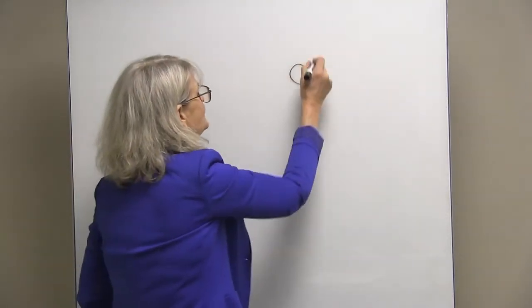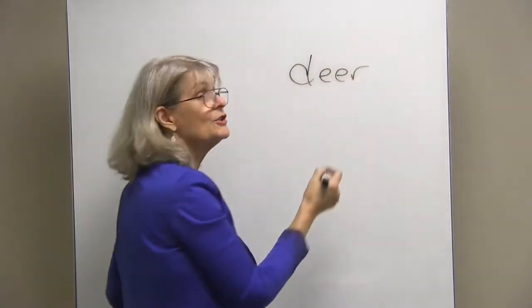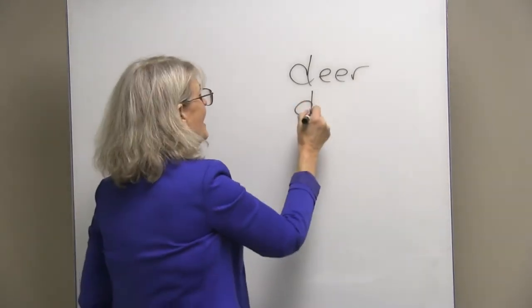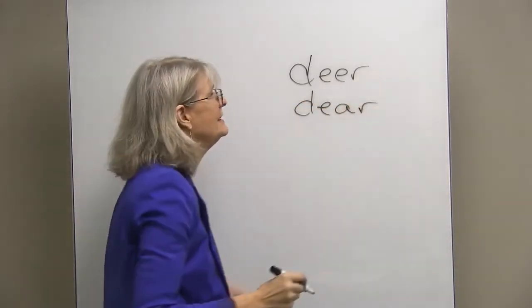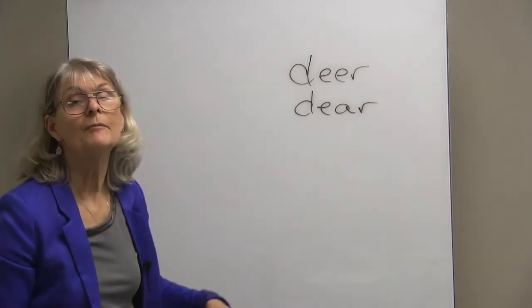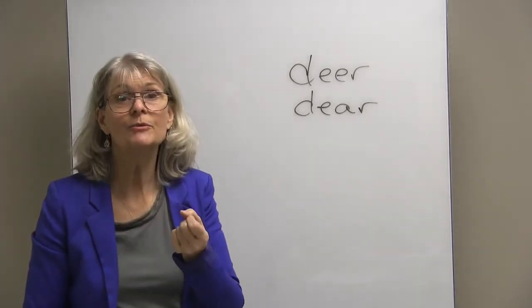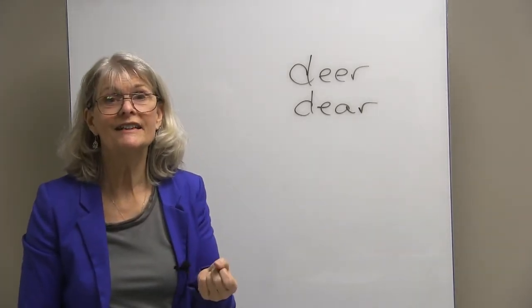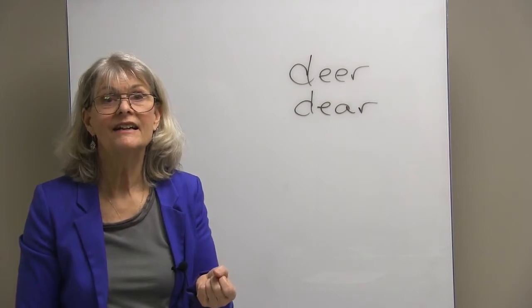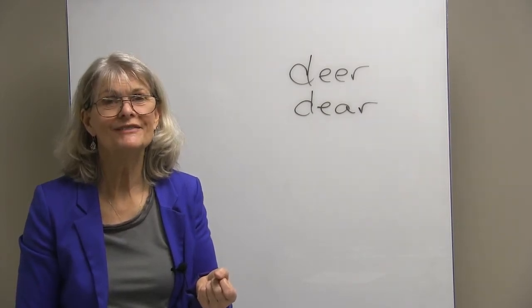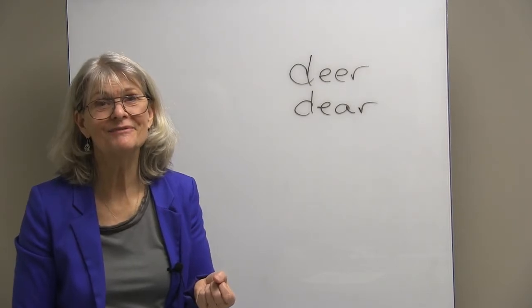D-E-E-R, for example, which is pronounced the same as D-E-A-R. Deer, deer. But you have to actually contract your mouth and make that R sound at the end instead of saying dia. That's American English pronunciation.